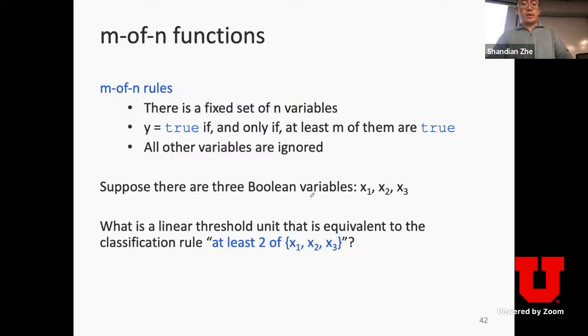So suppose there are three Boolean variables, x1, x2, x3, right? So the 2 of 3 rule means that as long as 2 variables out of these 3 variables are true, then the output will be true. The question is, how can we represent this 2 of 3 rule by a linear classifier?